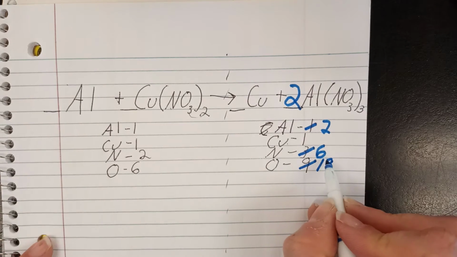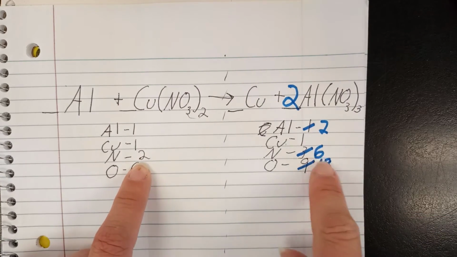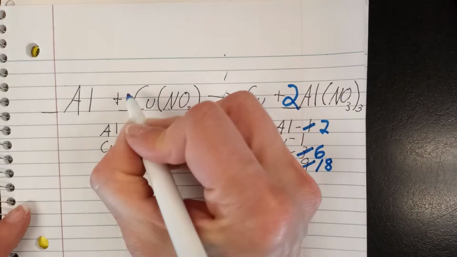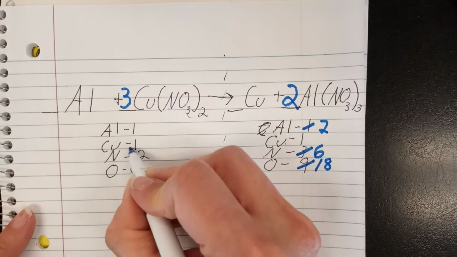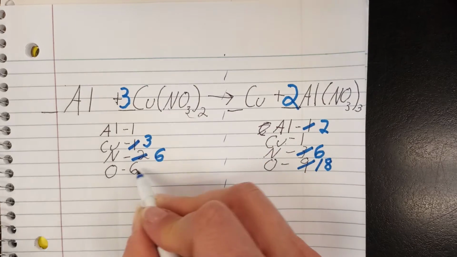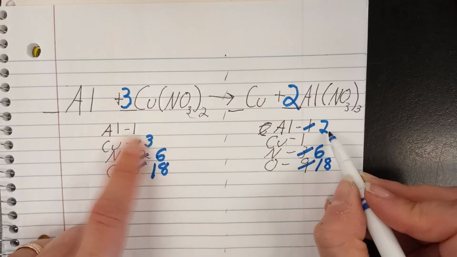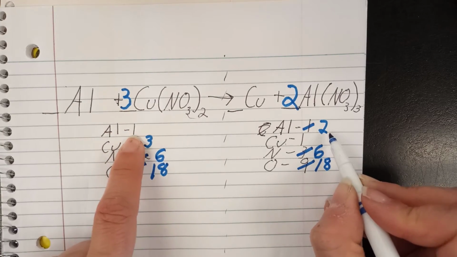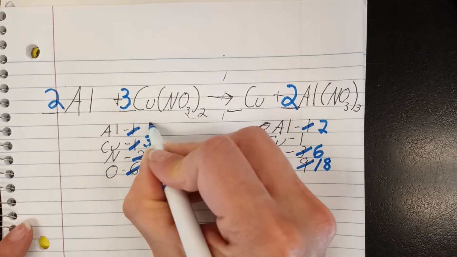Well, now I think I can see what's going to happen here. I have 6 nitrogen here and 2 here, so I'm going to need 3 of these formula units. So now I have 3 copper, 6 nitrogen, and 18 oxygen. Okay, now let's make our aluminum and copper match. I have 1 aluminum here and 2 there, so I'll need a 2 here to fix that.